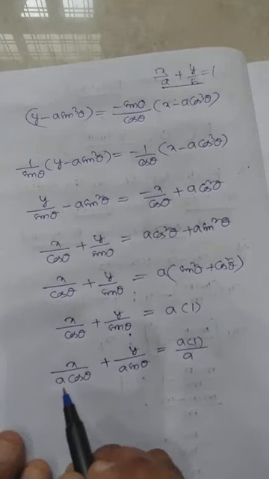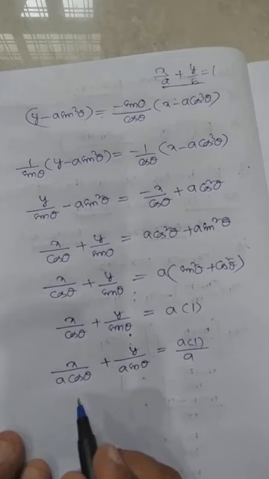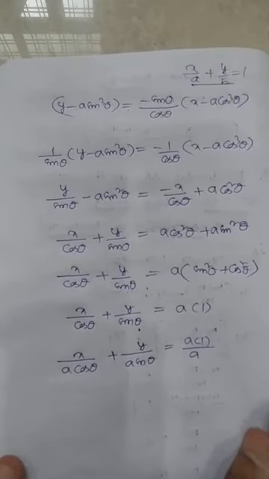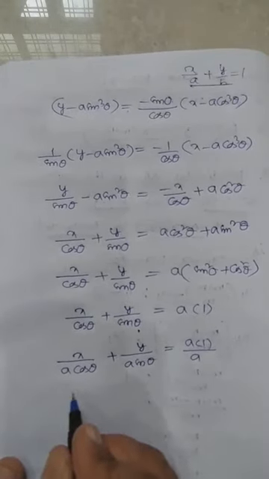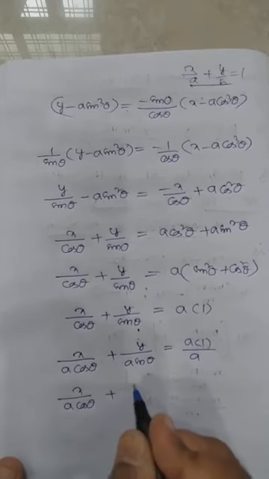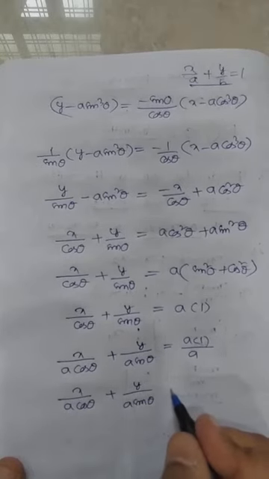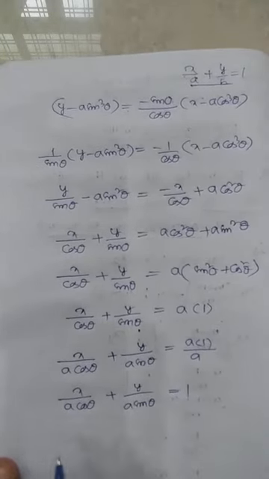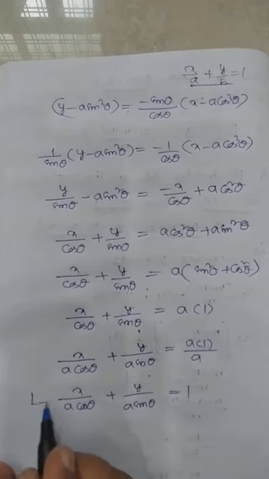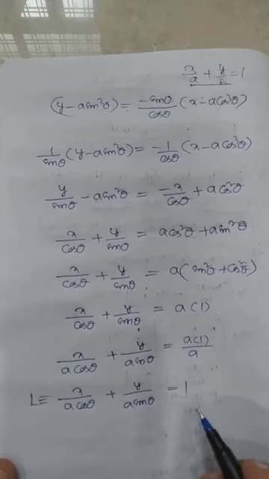Dividing each term by a. Therefore the tangent line in the intercept form is x by a cos theta plus y by a sin theta is equal to, a gets cancelled, 1. So this is our required tangent line.